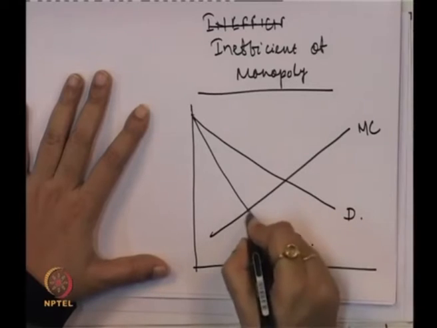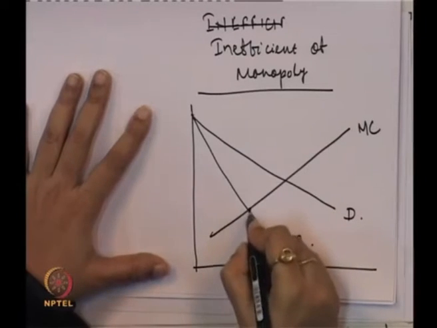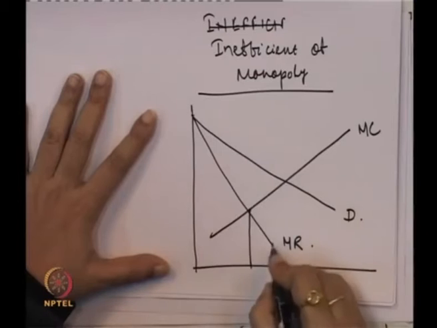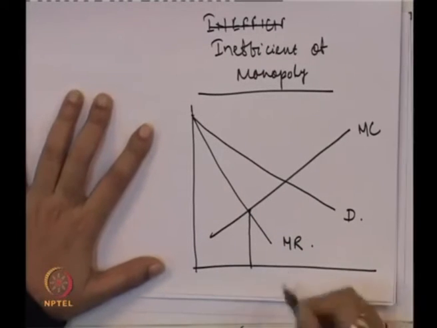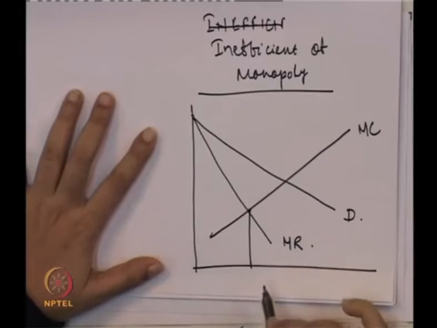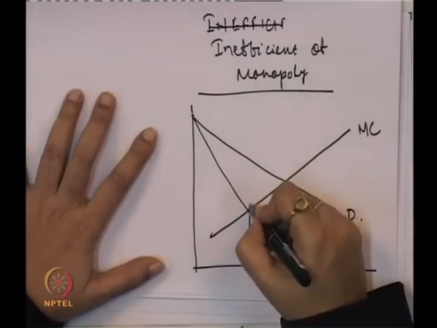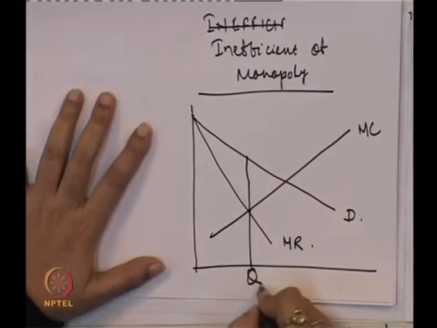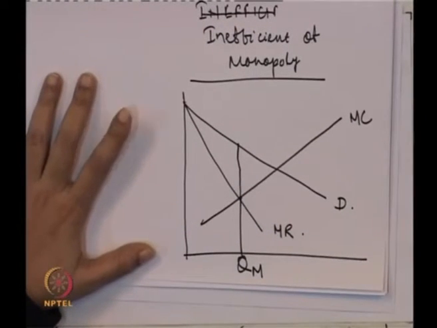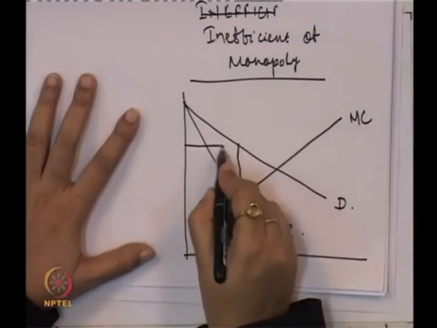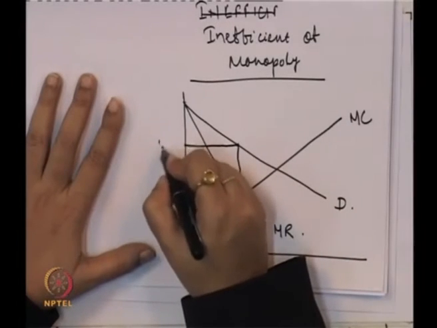Now, what is the monopoly quantity? The monopoly quantity is this, because we follow the marginalist principle to find the monopoly output, that is MC equal to MR, and corresponding to that we get the monopoly output level, and this is the monopoly price.